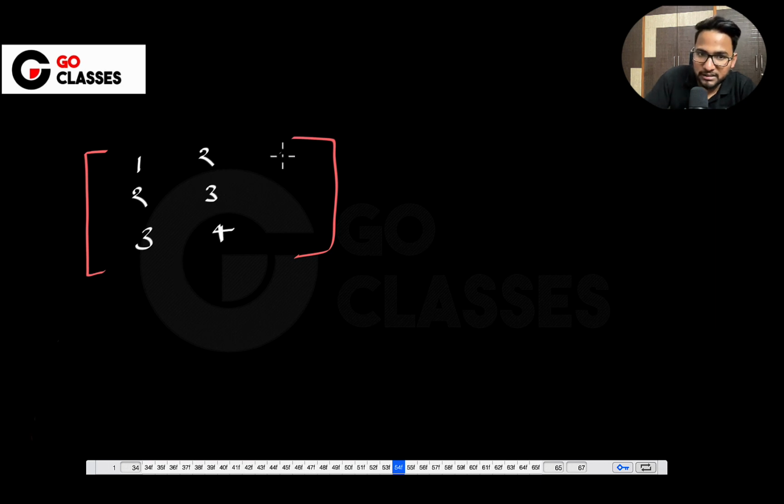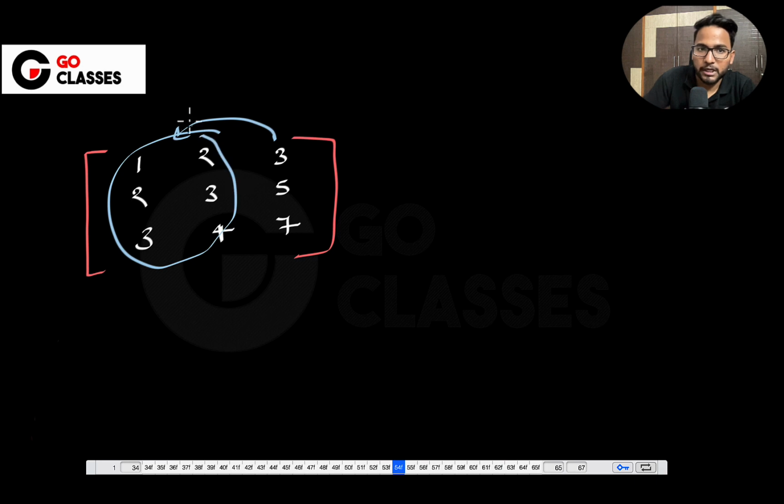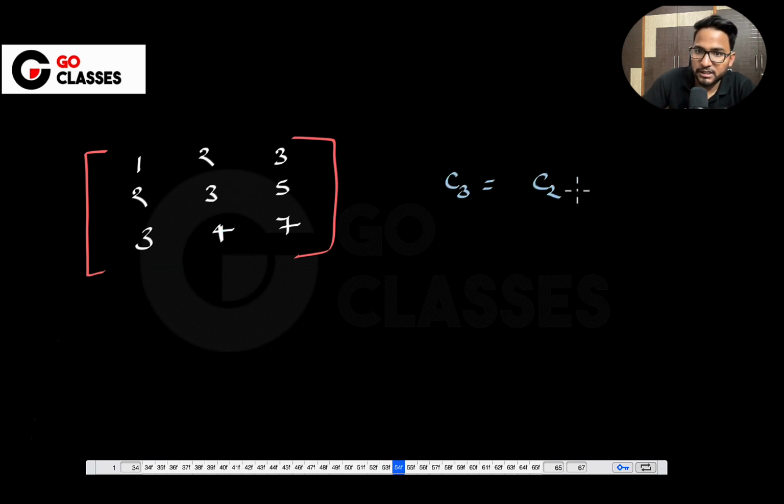And let's suppose the third column is linearly dependent on these two columns, which is 3, 5 and 7. The exact relation is C3 equals C1 plus C2. This is the exact relation.